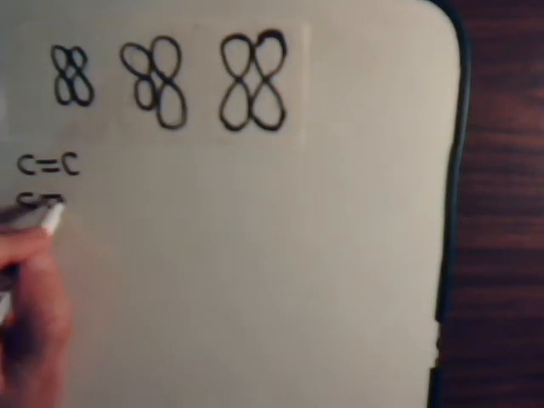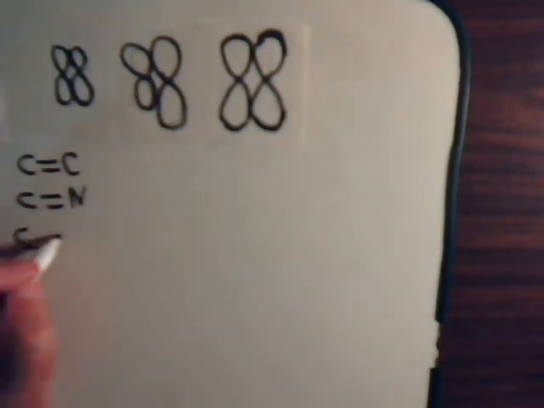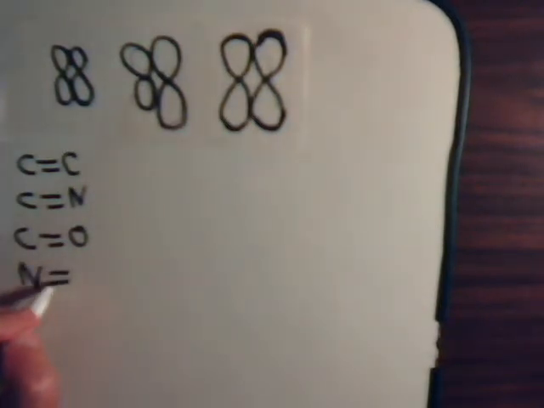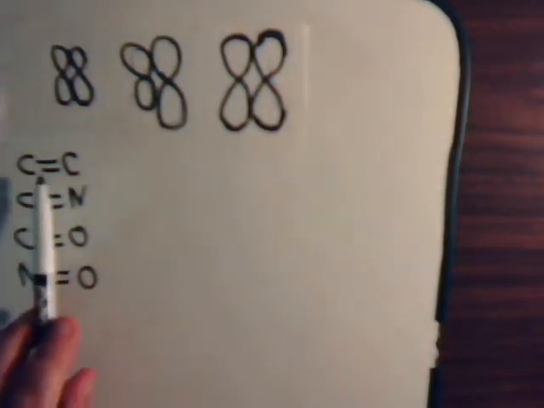We know that when we have a double bond, for example, between two carbon atoms, or maybe carbon and nitrogen, or carbon and oxygen, or a double bond between nitrogen and oxygen, the pi bond that is formed results from an overlap of the p orbitals, what we call the pi p orbitals, the ones that are perpendicular to the plane of the molecule.